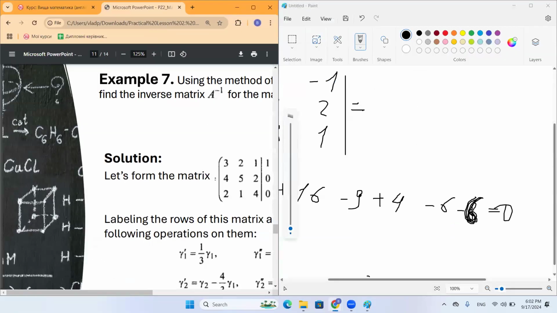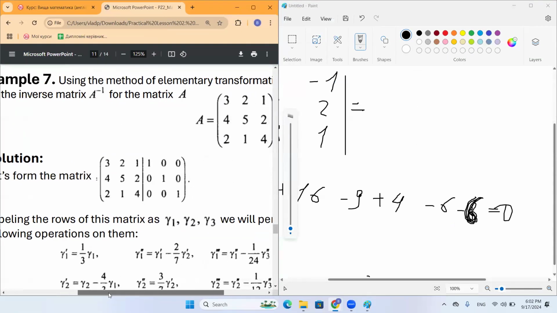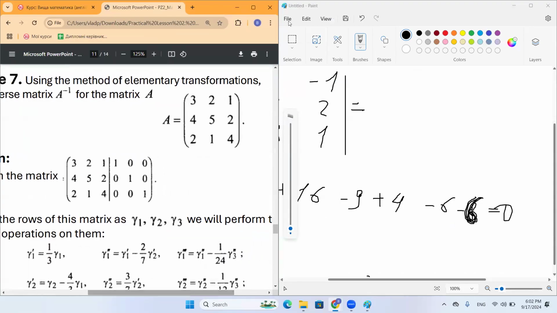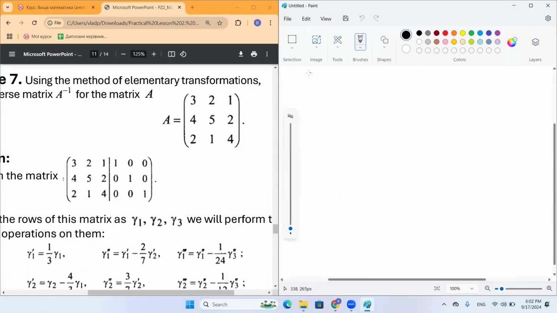So let's calculate the inverse matrix for this one. Firstly, we expand our matrix with the identity matrix.